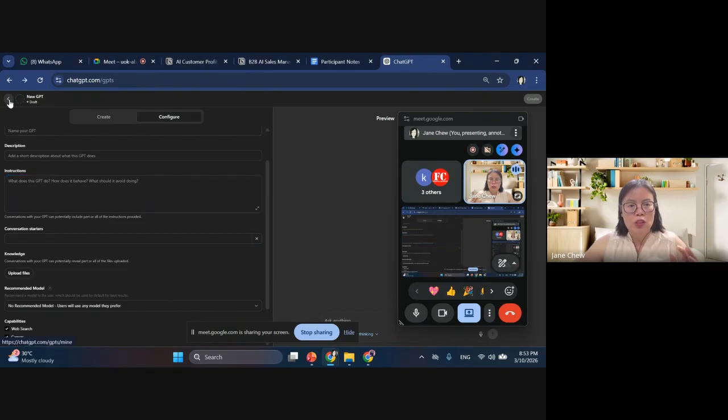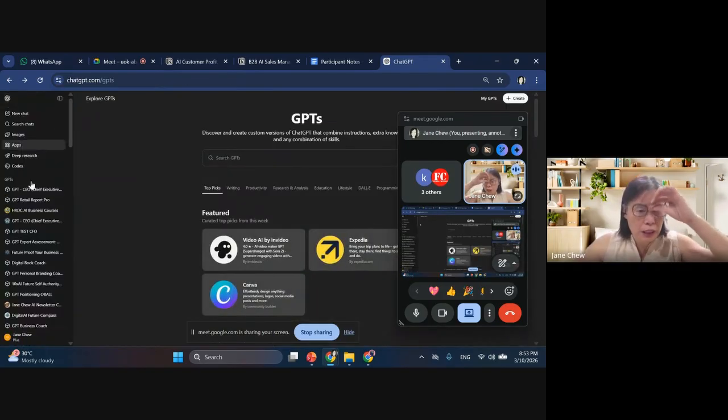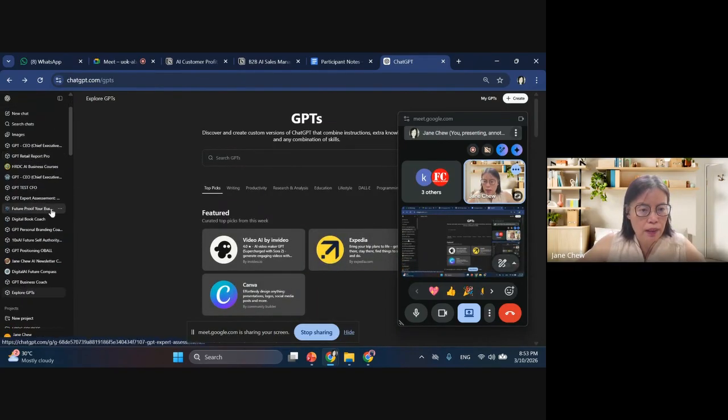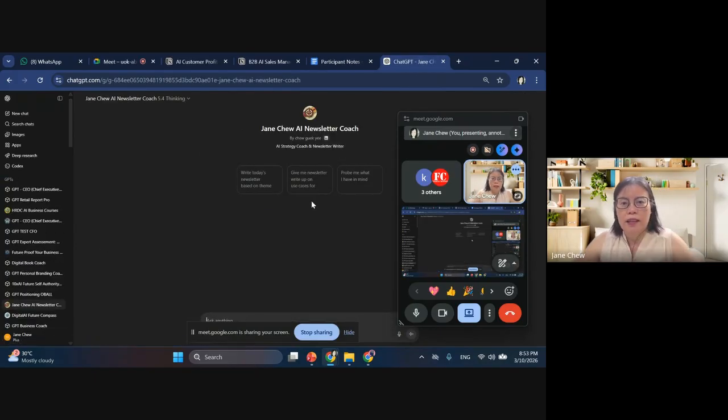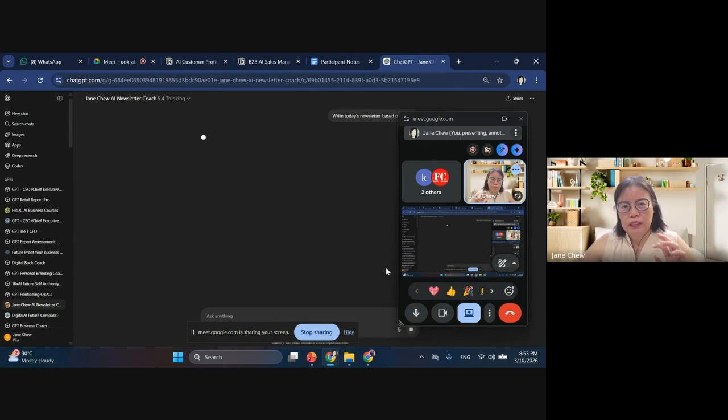For example, I will show you some of the things that I created. Okay, this one is a very old GPT I created. It's a bit slower. I no longer use it, but I just want to show you. Once I set up the GPT in the settings there, I say, hey, write today's newsletter, then it will write for me.